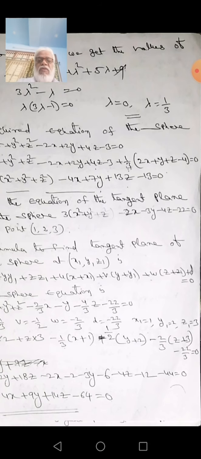Then u is equal to minus 1 by 3, v is equal to minus 1 by 2, w is equal to minus 2 by 3, d is equal to minus 22 by 3, x1 is equal to 1, y1 is equal to 2, z1 is equal to 3.